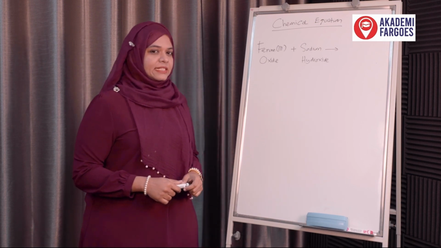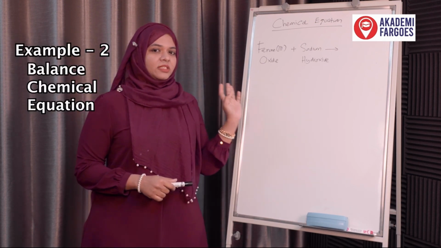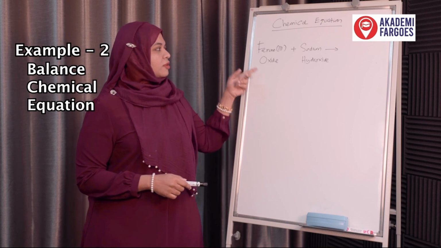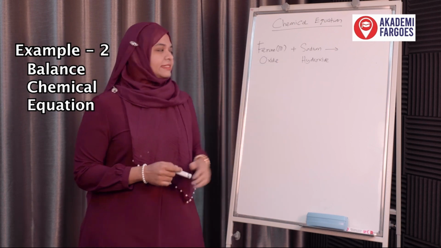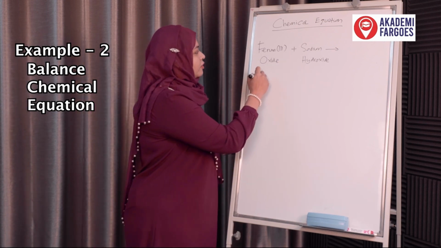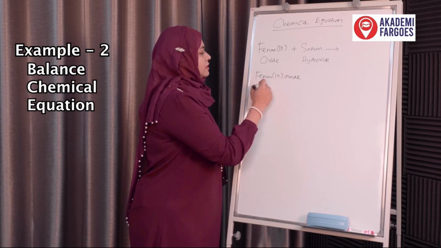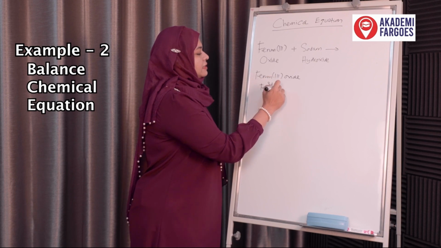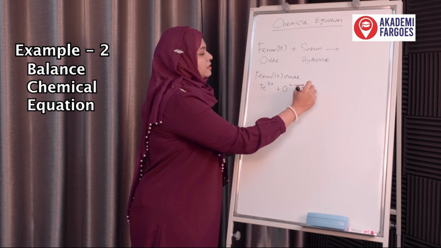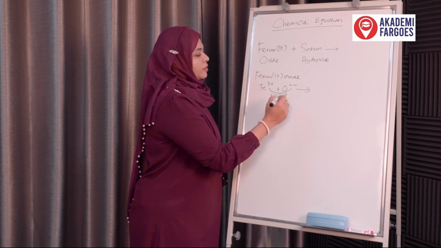Okay, this is the second example for chemical equation that I'm going to show you. Ferrum oxide plus sodium hydroxide. Okay, the chemical formula for ferrum 3 oxide is Fe3+ and O2-, 3 come here, 2 come here.